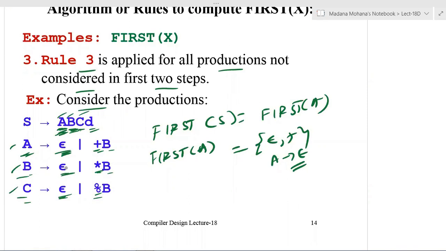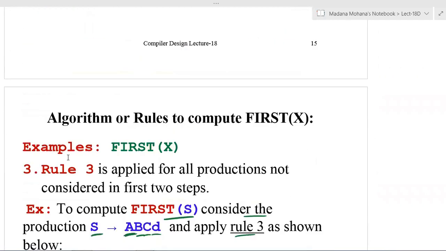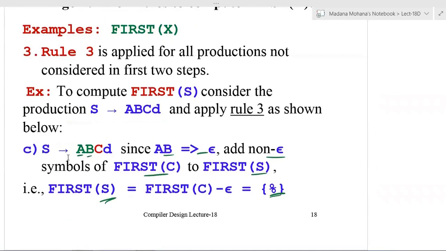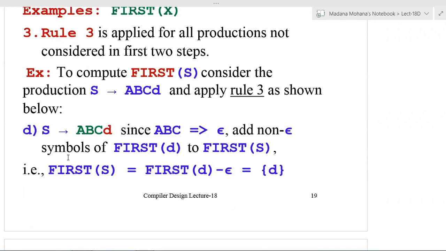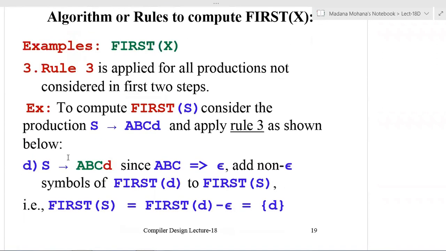That's why we are substituting null values and proceeding to the next symbol in the derivation. After substituting A, B, C as null, what you will get in the right hand side is the last symbol, D, which is a terminal. Therefore, add non-epsilon symbols of first of D to first of S. First of a terminal is just the terminal itself. Null is not there in first of D. Therefore, D is added to first of S.